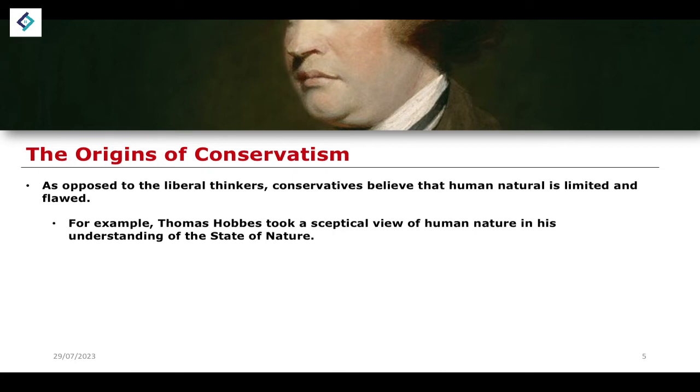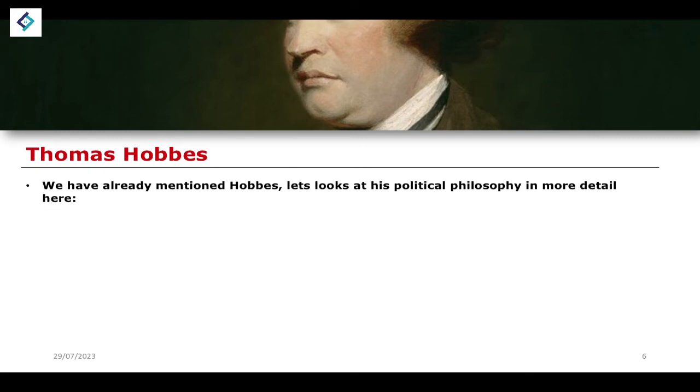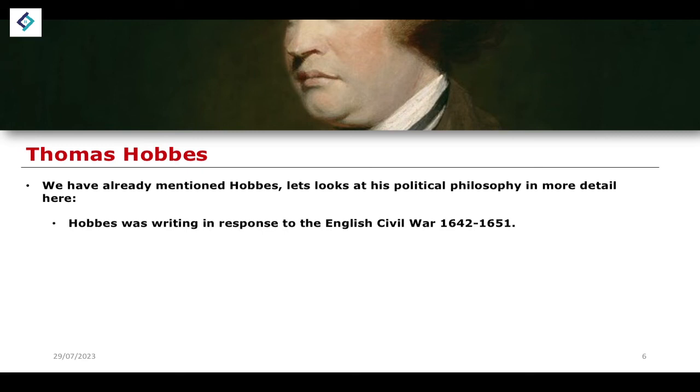But if he was writing 100 or 200 years later, he would definitely be considered a conservative. Thomas Hobbes would take a skeptical view of human nature and the state of nature. As we've already mentioned, we looked at Hobbes in previous lessons when we compared his understanding of the state of nature to that of John Locke. But let's look at his political philosophy in more detail here.